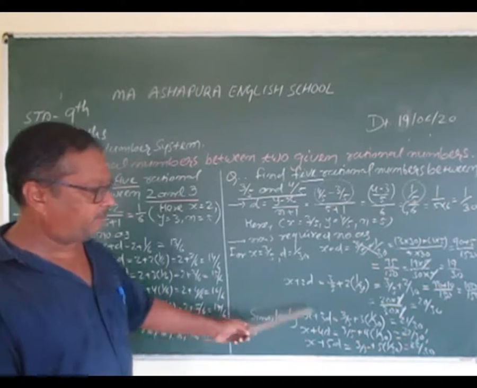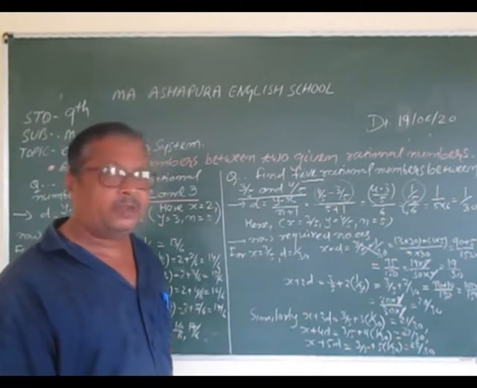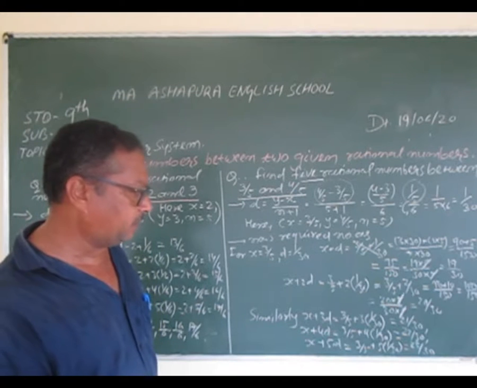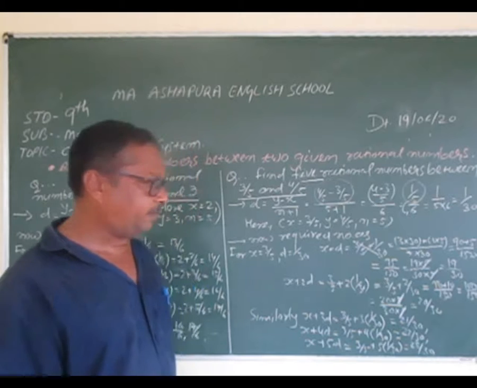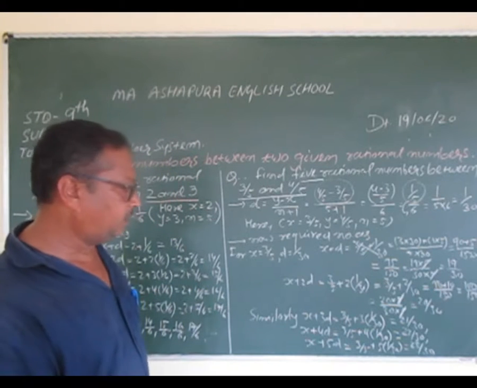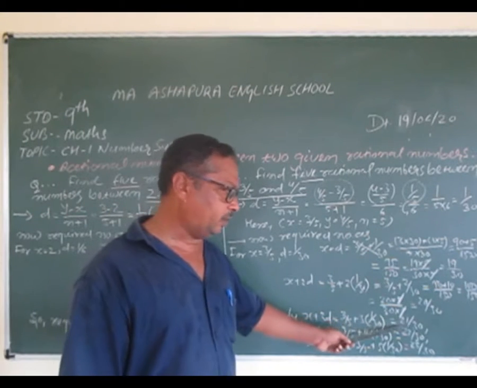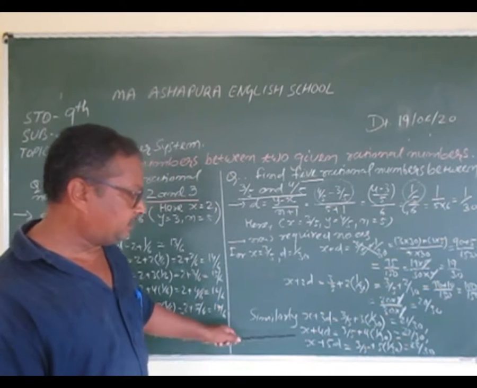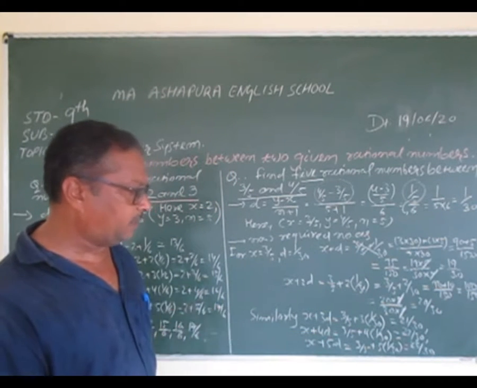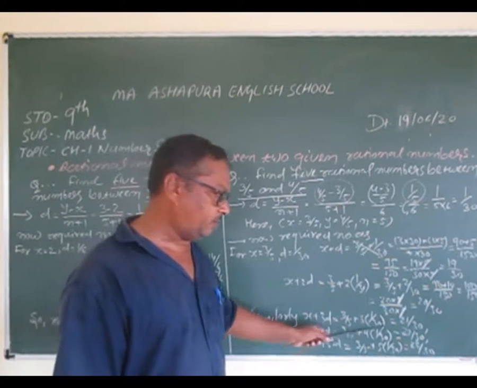Similarly, x plus 3d: we substitute the values of x and d once again, 3 by 5 plus 3 into 1 by 30, and simplify, then we get x plus 3d is equal to 21 upon 30. Same way, x plus 4d is equal to 3 by 5 plus 4 into 1 by 30.